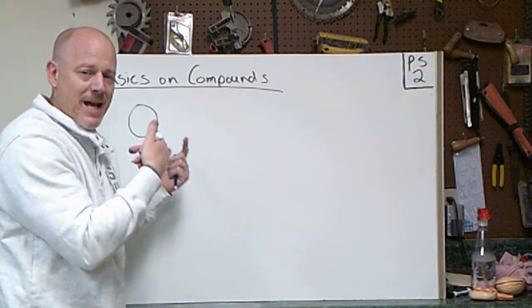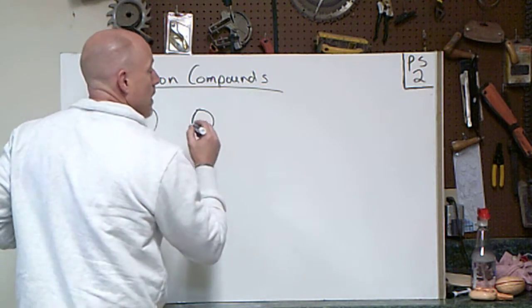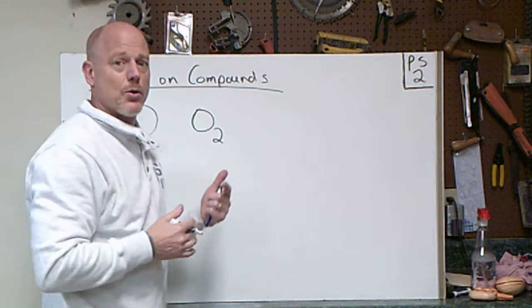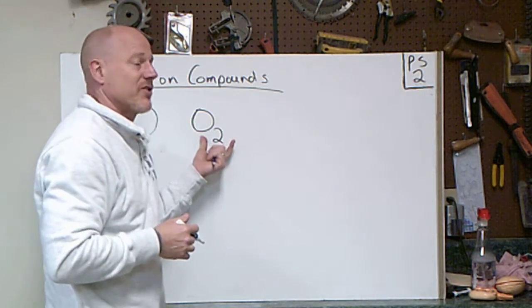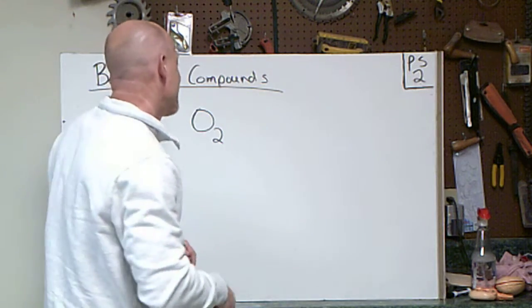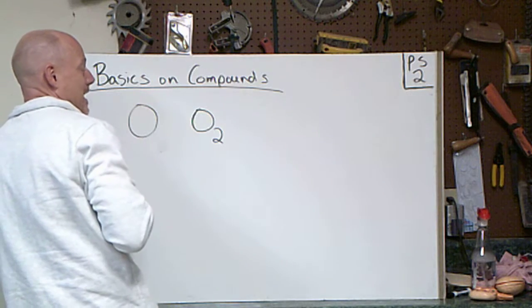This is an element, an atom, oxygen. But you could have a molecule like O2. This is two or more elements combined together to make a molecule. This is a compound. You've combined things, you make a molecule or a compound. So this is a compound, but this is an element.